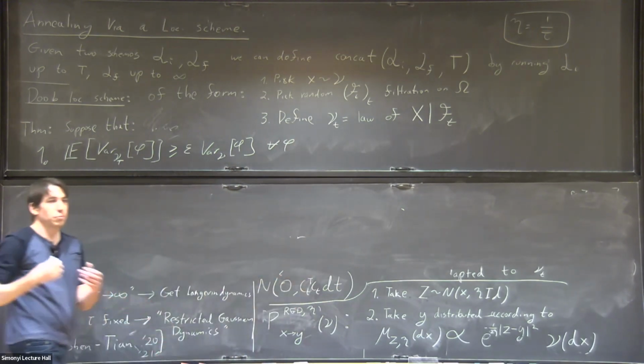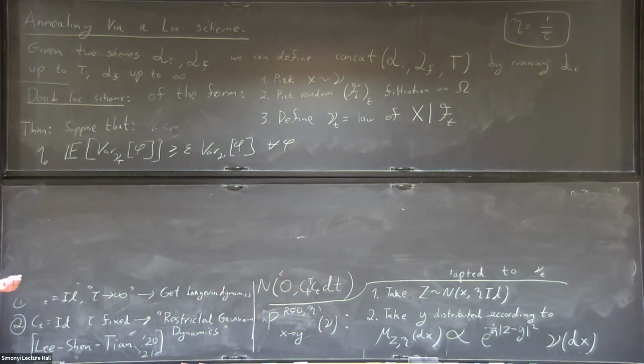So suppose that running the first localization scheme, I have not completely contracted my variance.